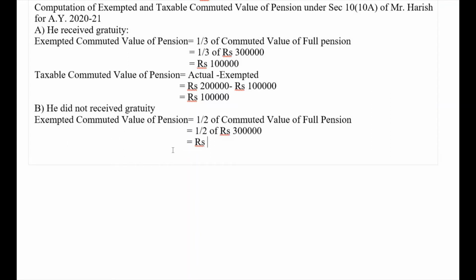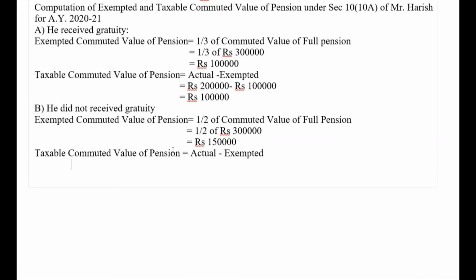Therefore, taxable commuted value of pension equals actual minus exempted.